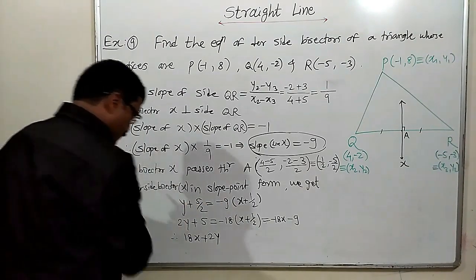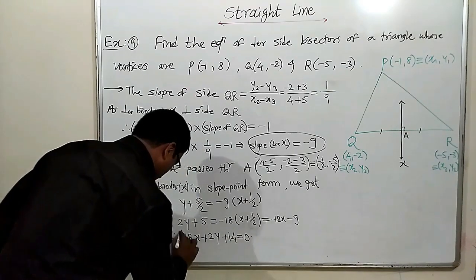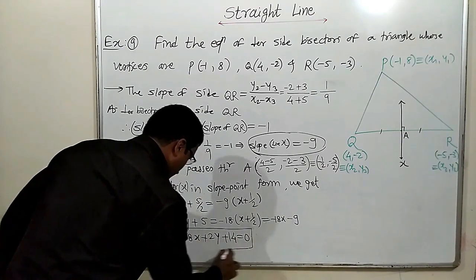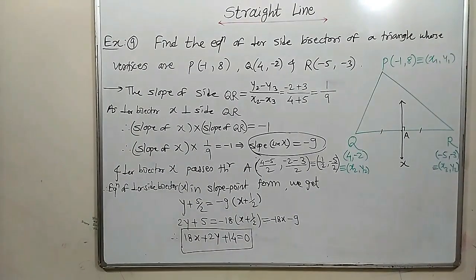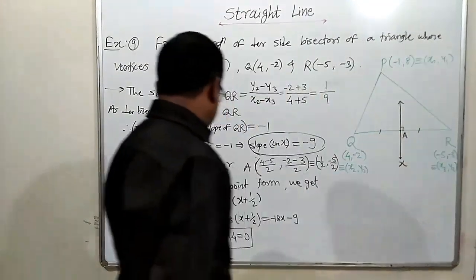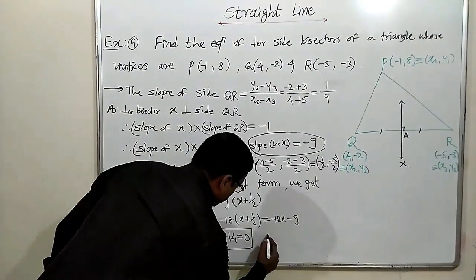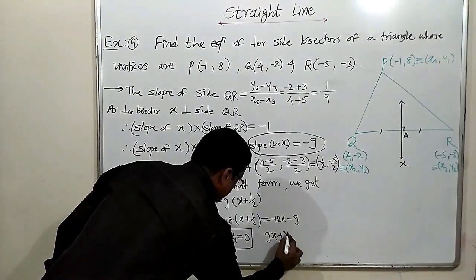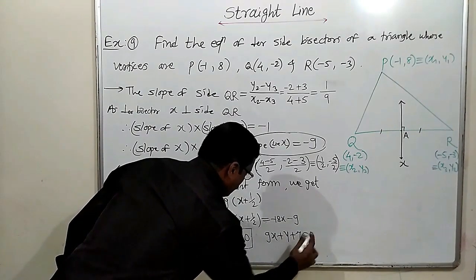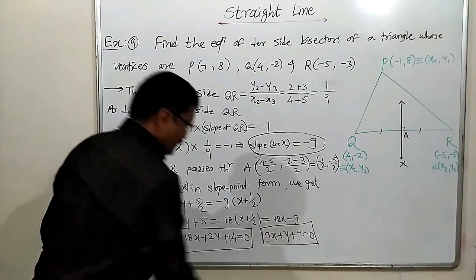Taking -9 to the left again, we get plus 14 equal to 0. So this is the way to find the equation of the perpendicular bisector X, the perpendicular bisector of side QR. That is this. We can cancel 2 from each term, that is 9x plus y plus 7 equal to 0. This will be the same.